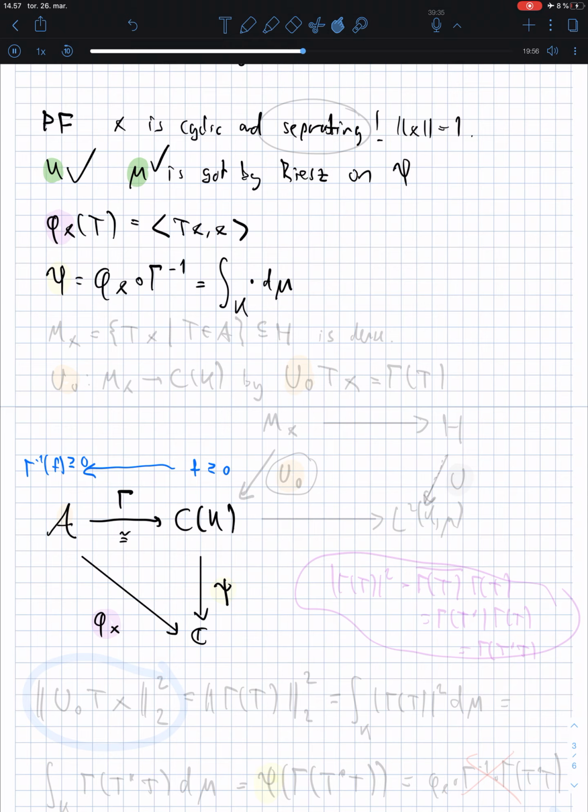Okay, so how are we going to get this unitary? Well, I'm going to define mx, as I've done earlier, to be tx with t in A.